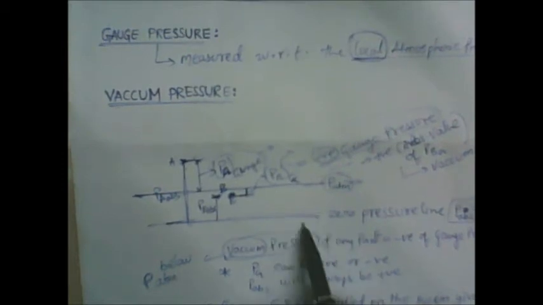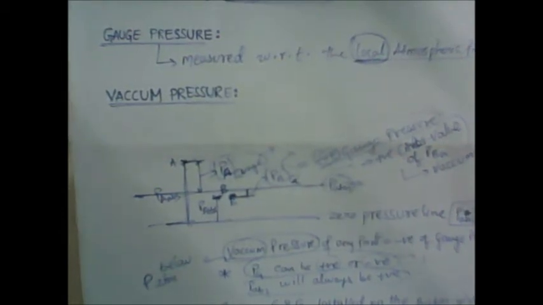Below that there is nothing, no value. So absolute pressure is always positive. Gauge pressure can be positive or negative. Whenever it is positive, we take it as it is. Whenever it is negative, we call it vacuum pressure and state only the magnitude of the gauge pressure. So to clarify this, let's do one small problem.